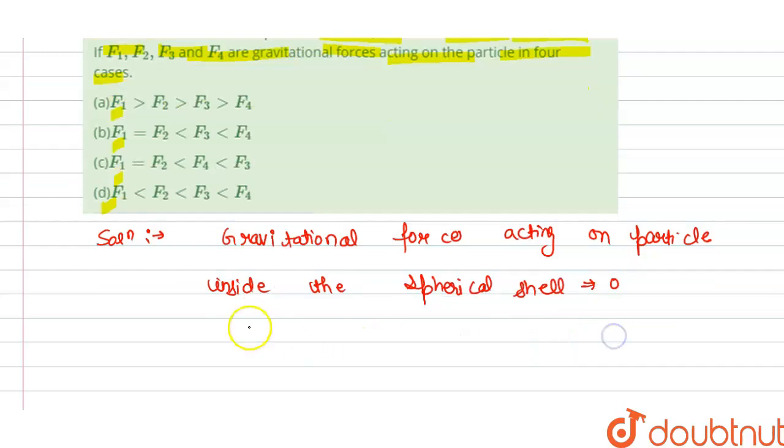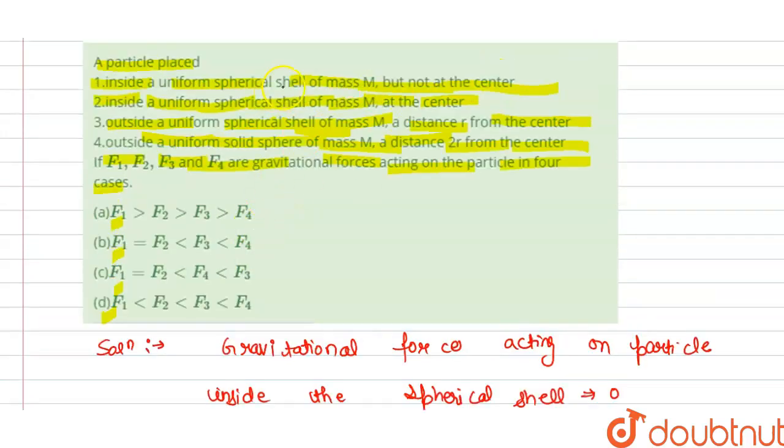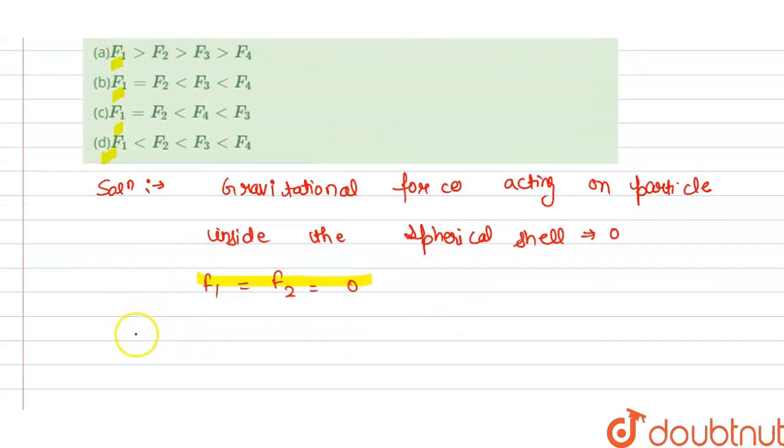So from this we can say that in our case force 1 and force 2 are equal to 0 here, as they lie inside the spherical shell. Now we can check for F3 and F4 here.